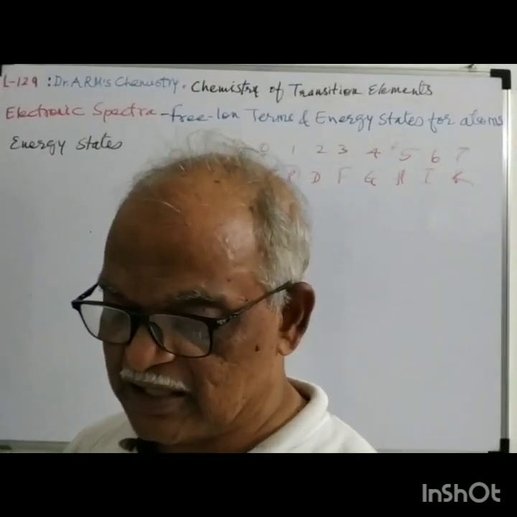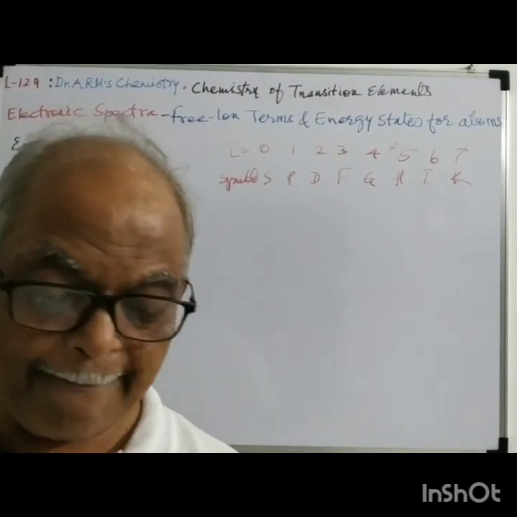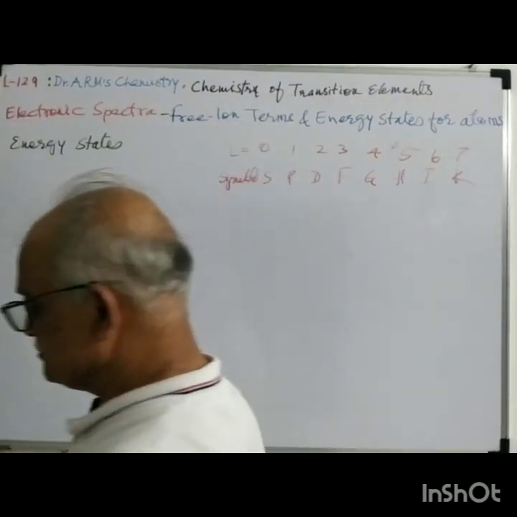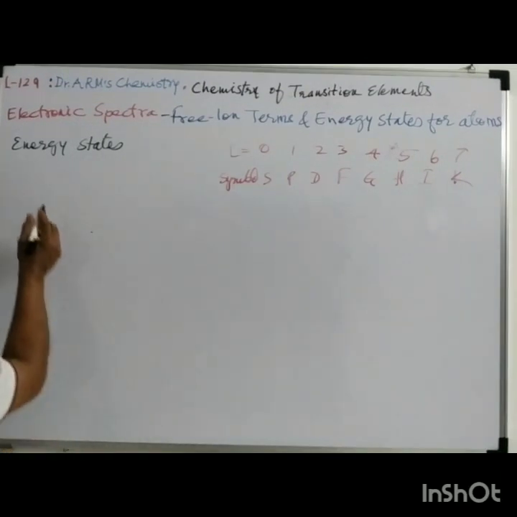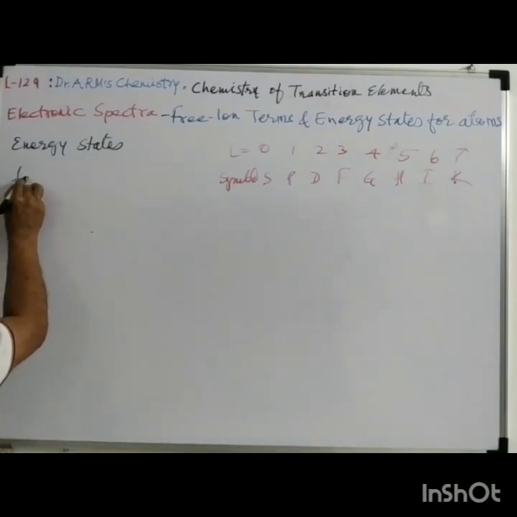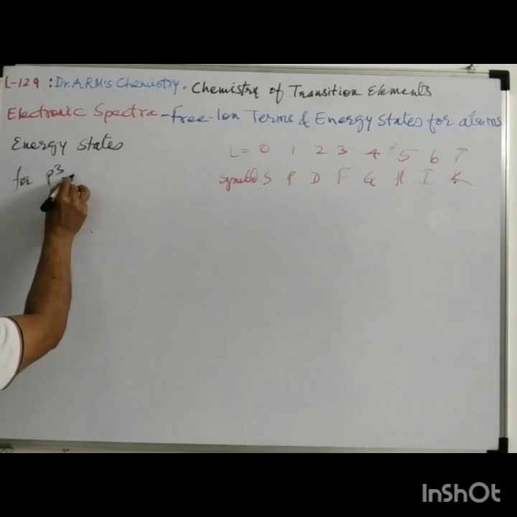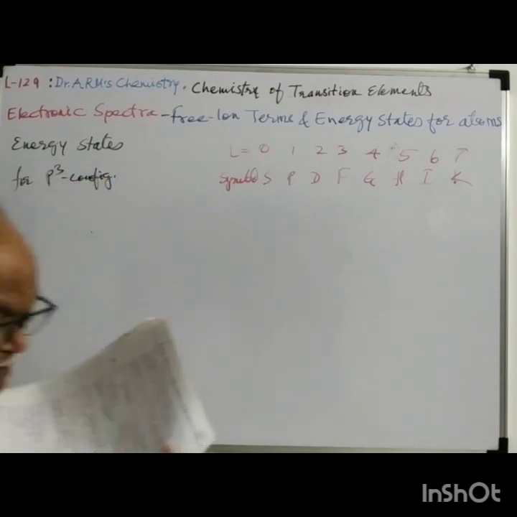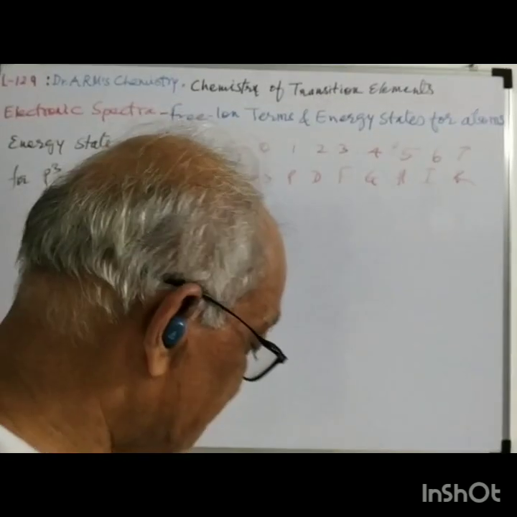In this way we can also see in the same way for the P3 configuration the ML values. For the P3 configuration, the ML values are like this.